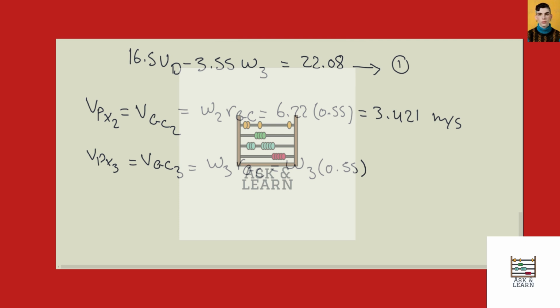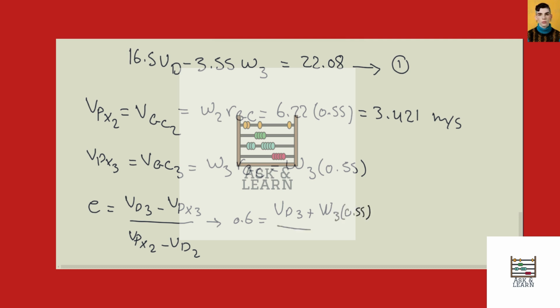We have E equals VD3 minus VBX3 over VBX2 minus VD2. If we substitute the values, 0.6 equals VD3 minus or plus omega 3 times 0.55 over 3.421 minus 0.